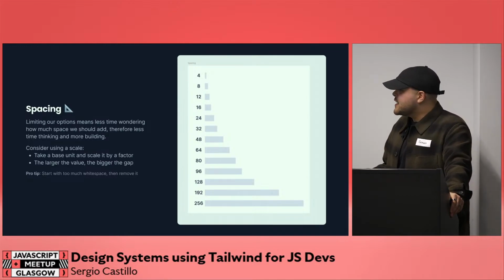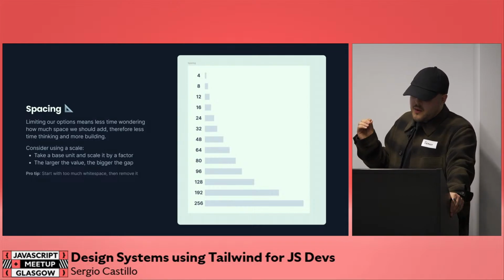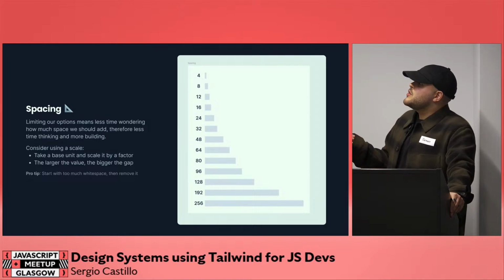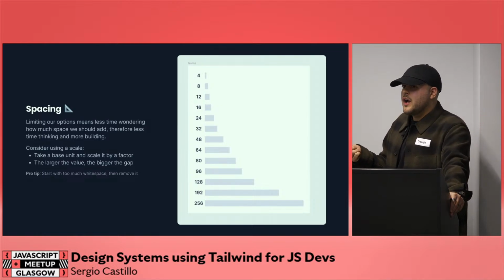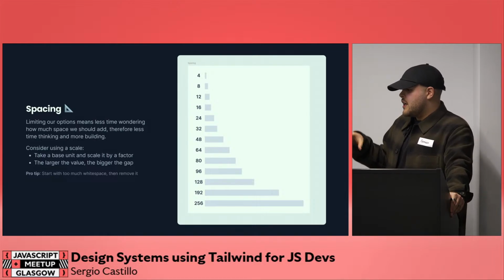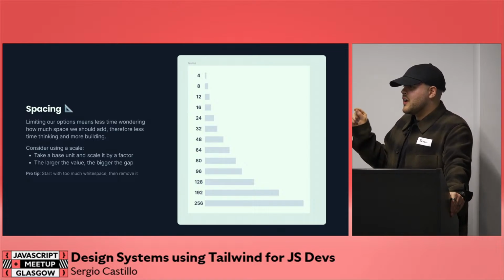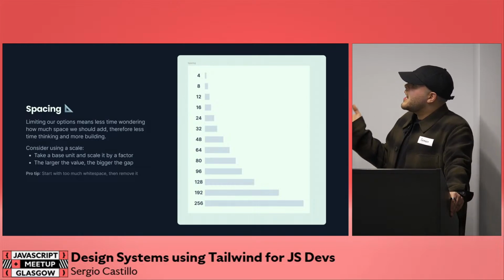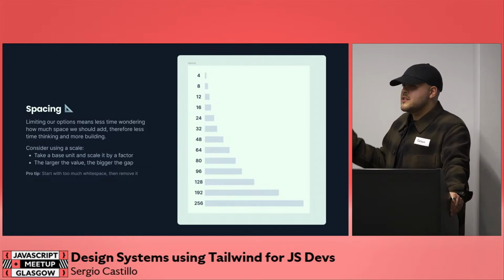The way to build it is you take a base unit. I usually use 4 because it works out pretty well, being divisible by 2. You take a base unit and then you start multiplying it. The smaller the values are, the smaller the gaps between values will be. So with 4, 8, 12, 16, it's just 4 times 2, 3, 4, 5.